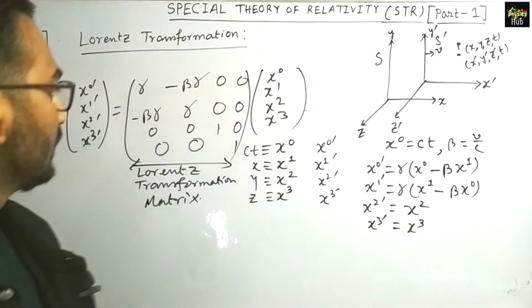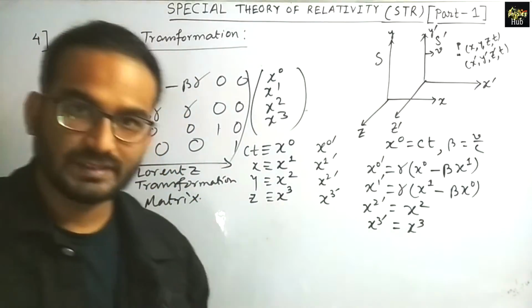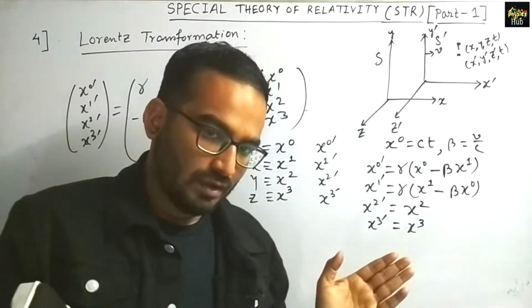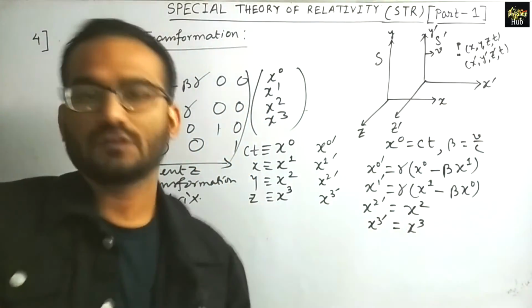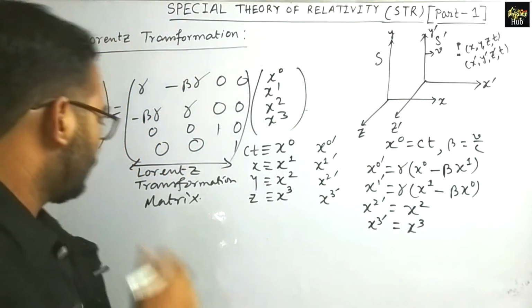Fine. So this is the Lorentz Transformation matrix when the primed frame is moving along the x-axis. Now suppose the primed frame is moving along the y-axis, then what will be the Lorentz Transformation matrix?